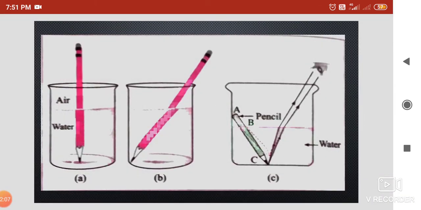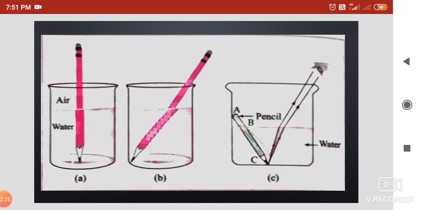Now you can see on the screen three figures are shown, where a pencil is kept in a beaker which already contains three-fourths quantity of water.